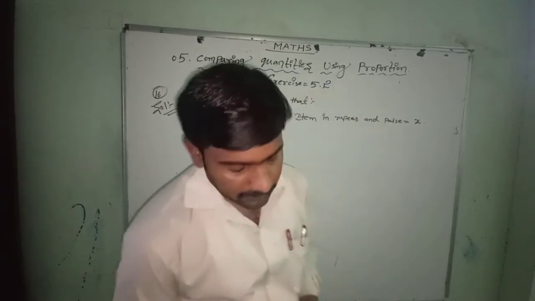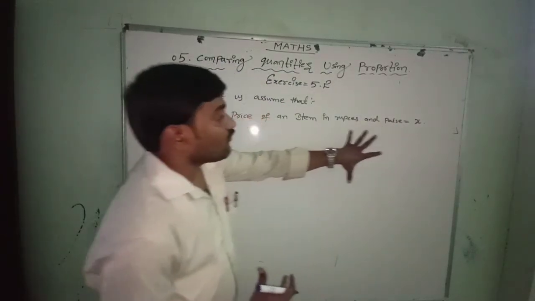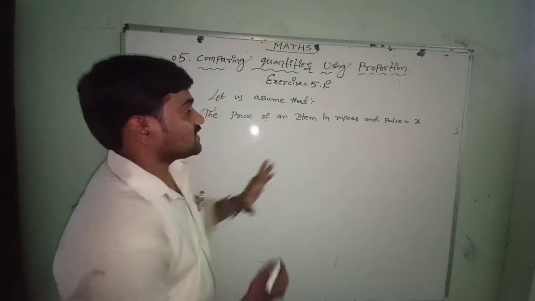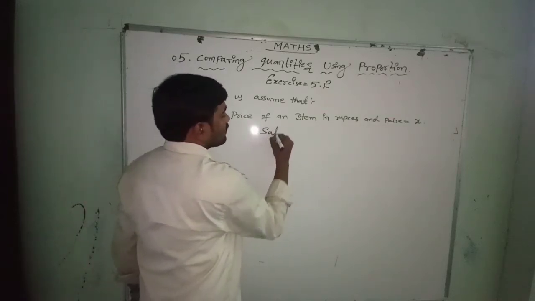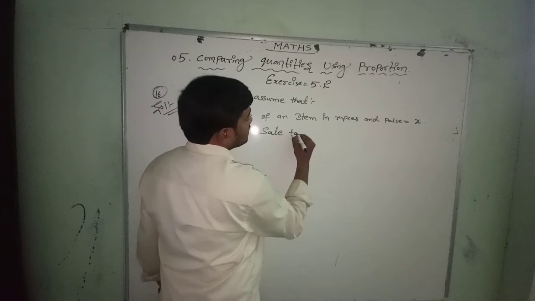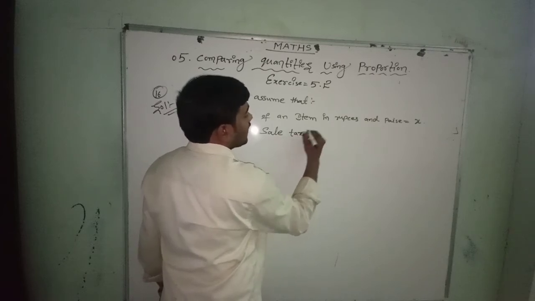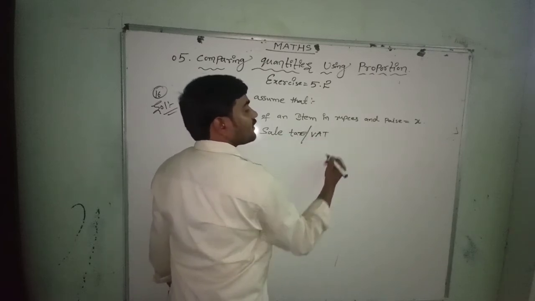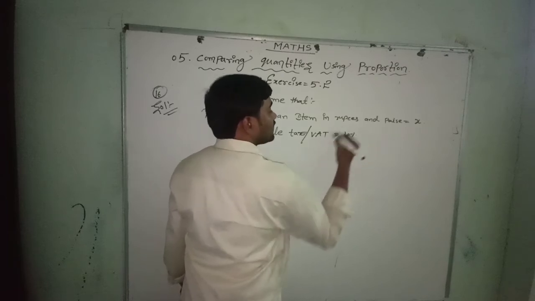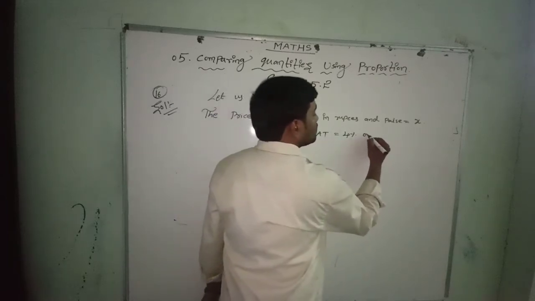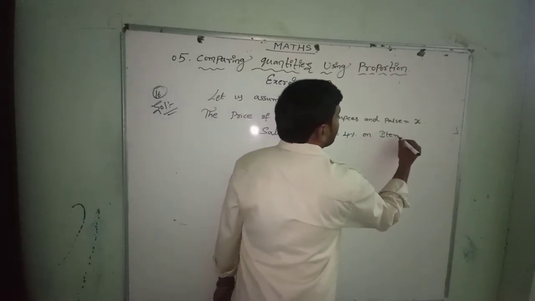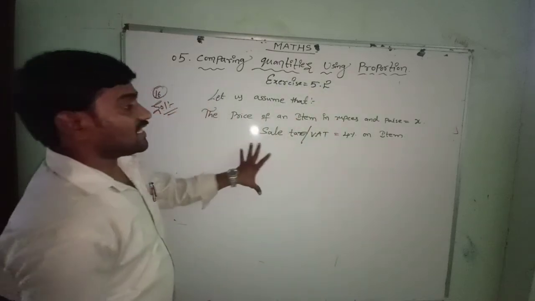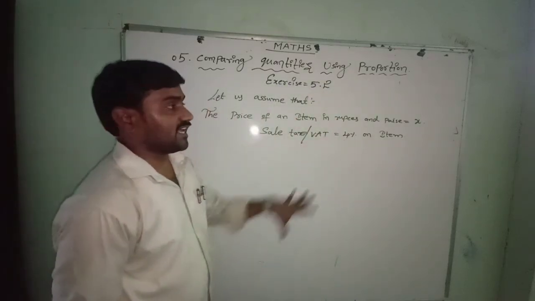Now here the 4% VAT, the sale tax or VAT, value added tax, is 4% on the item. He said that the sale tax or VAT is 4% on this item.